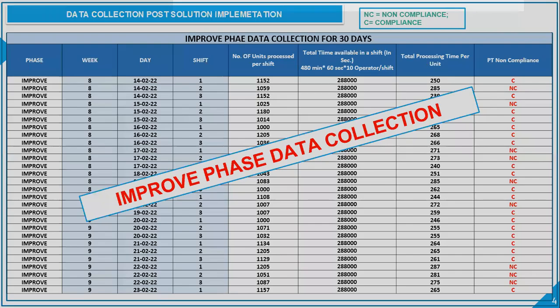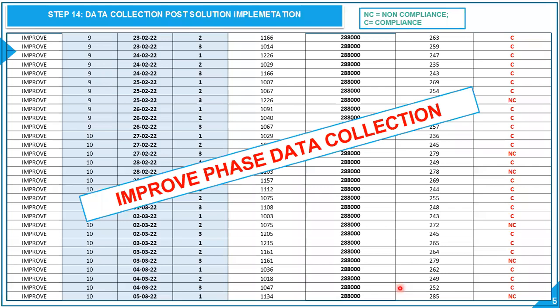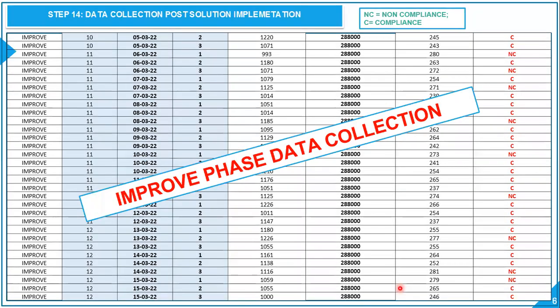Right. So to validate whether performance in improve phase has improved or not, we have to validate it through a statistical test. And for the statistical test, as we already talked about, we have to collect the improve phase data. We are going to collect it for the whole 1 month.